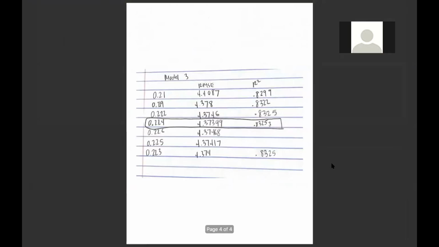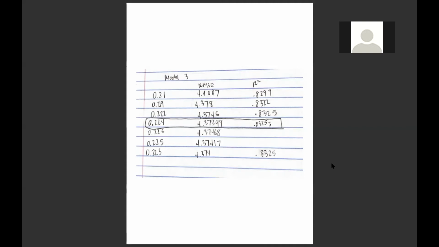And the last reason why it's not the best fit for this model is because the RMSE and R squared values were not that good. Using the same methods as we did for Model 4, we knew the A value was close to 0.